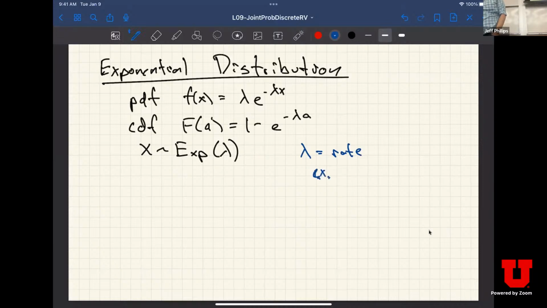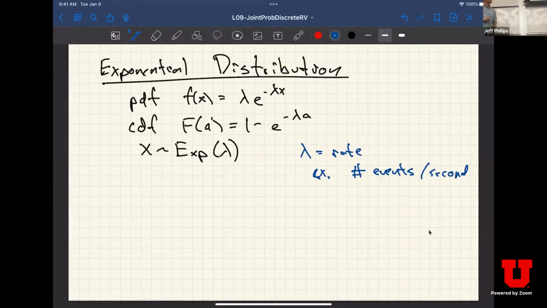It has units. The example would be the number of events per second.